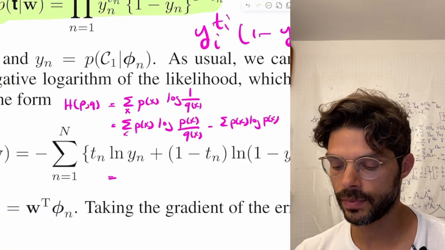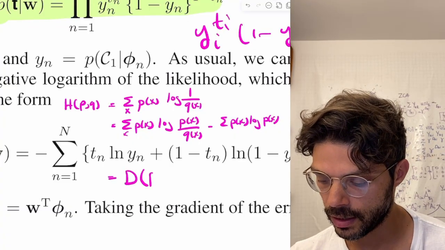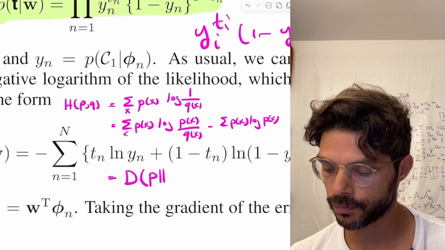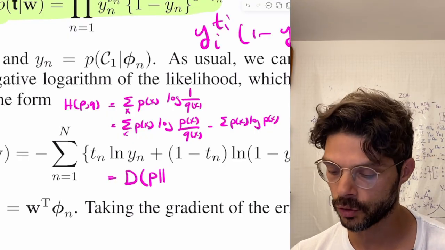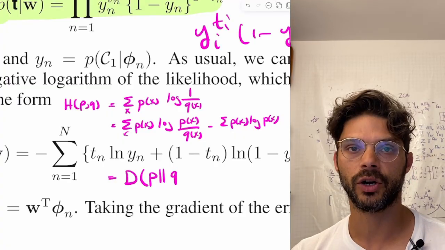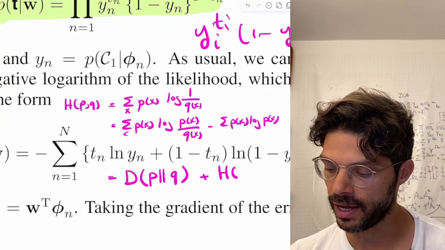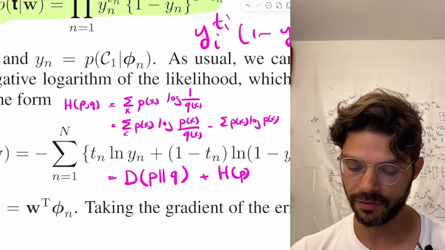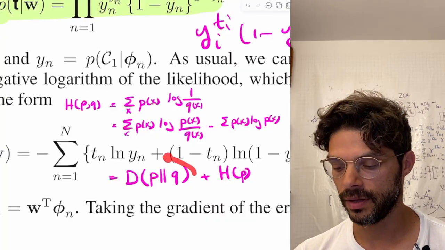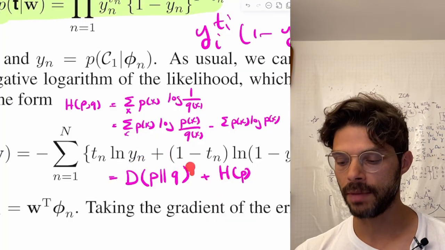That first term is the KL divergence between the true distribution and your parameterized distribution. The second term is just the entropy of the true distribution. You don't have any control over this one; this is the one you can control, and you're trying to minimize this quantity.